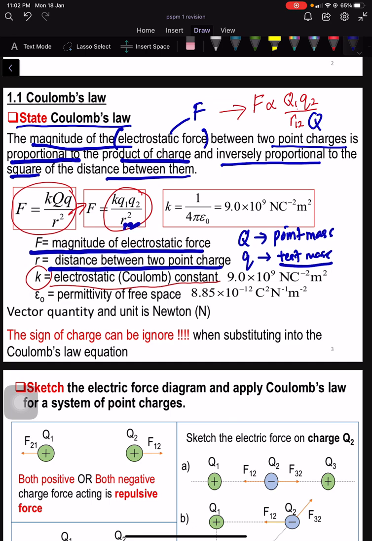If you choose charges 3 and 4, then it is the distance R between charge 3 and 4, squared. Next is K, the electrostatic Coulomb constant, given by 9 times 10 to the power of 9. Next is epsilon naught, the permittivity of free space, 8.85 times 10 to the power of negative 12.